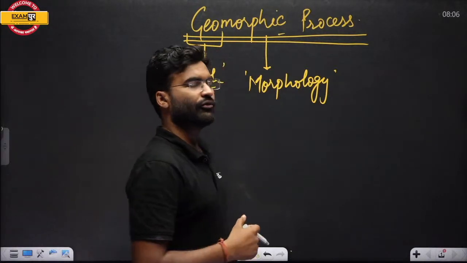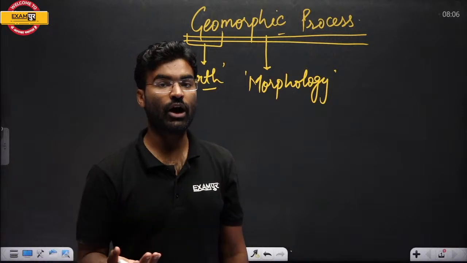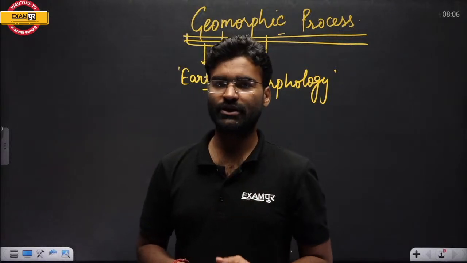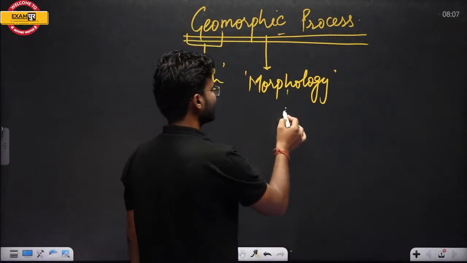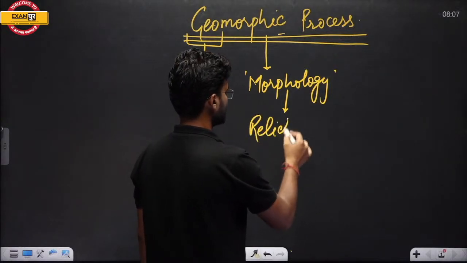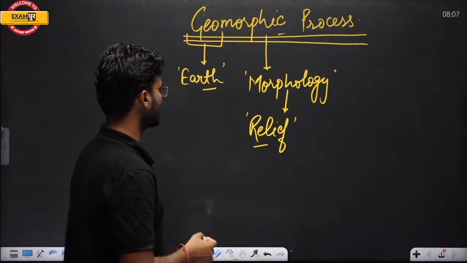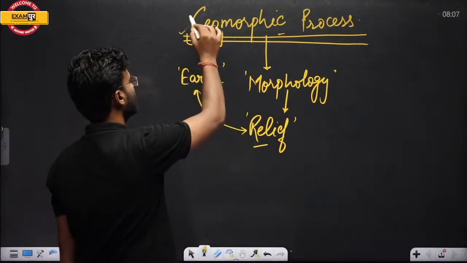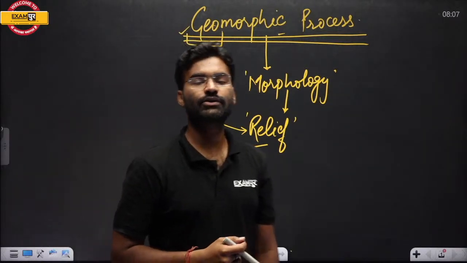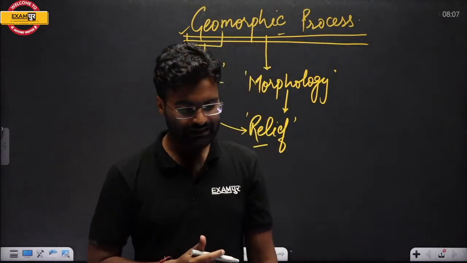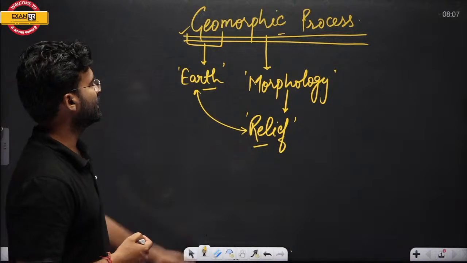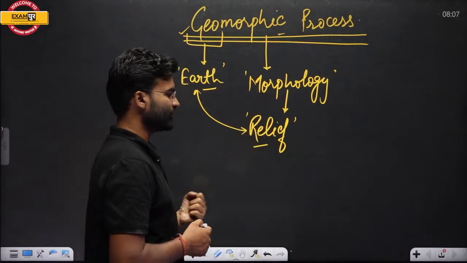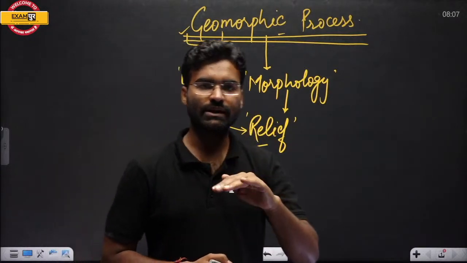Morphology means the formation of structures: what structure is found, how that particular structure is formed on the surface, and by which process it is formed. So morphology means the relief on the earth surface. The processes by which the earth's morphology is developed are called the geomorphic process.